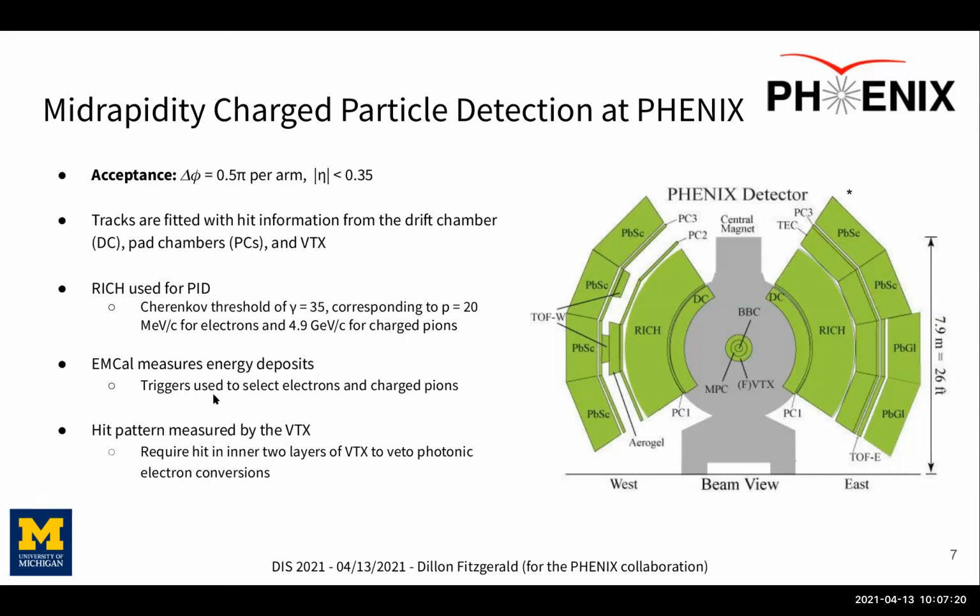I just mention additionally that we have triggers that are used to select electrons and charged pions from the EM-Cal. And finally, the hit pattern is measured by the VTX. This is the silicon vertex detector close to the beam pipe. And here, this is used for the heavy flavor electron analysis because we require a hit in the inner two layers of the VTX in order to veto photonic electron conversions.